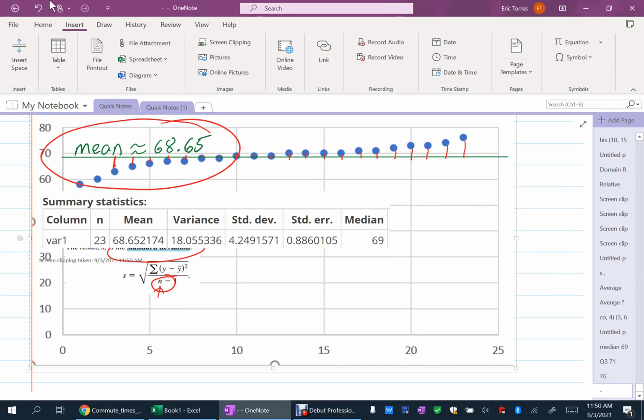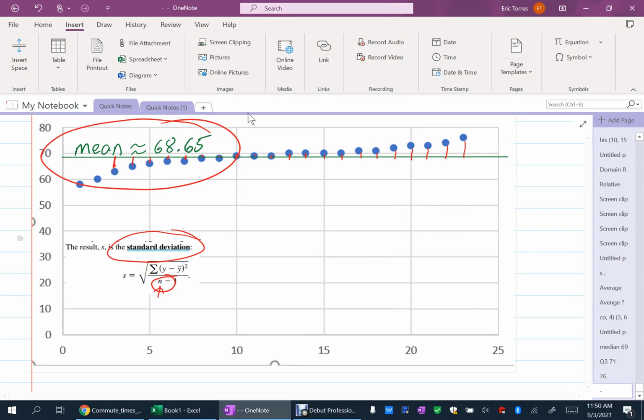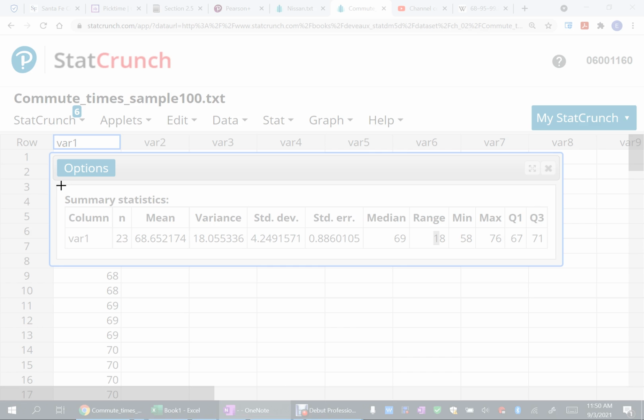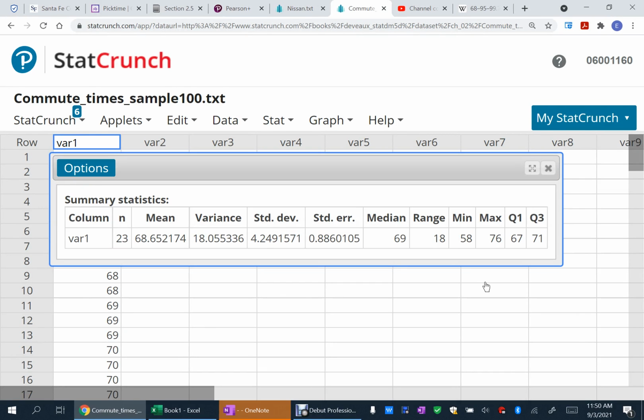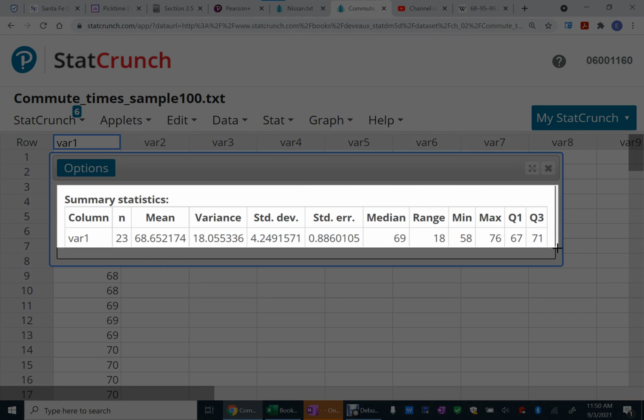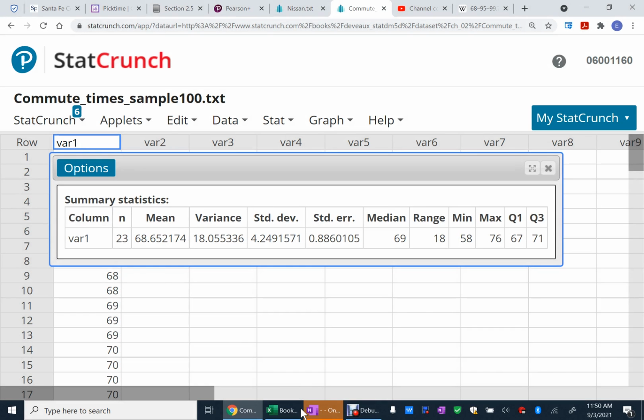Sorry about that, I didn't catch them all. Let me try it one more time. Sometimes my mouse gets a little bit tricky on me. There we go.